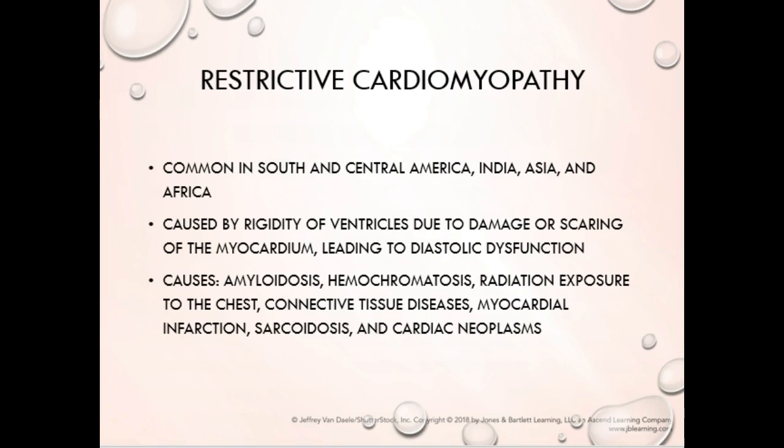It won't be able to contract and relax as properly as it would with a healthy heart. That can also happen with an MI, the scarring from MI, probably SLE, sarcoidosis, obviously cancers would cause it as well. So I don't think that's quite as common as a whole as the other two.